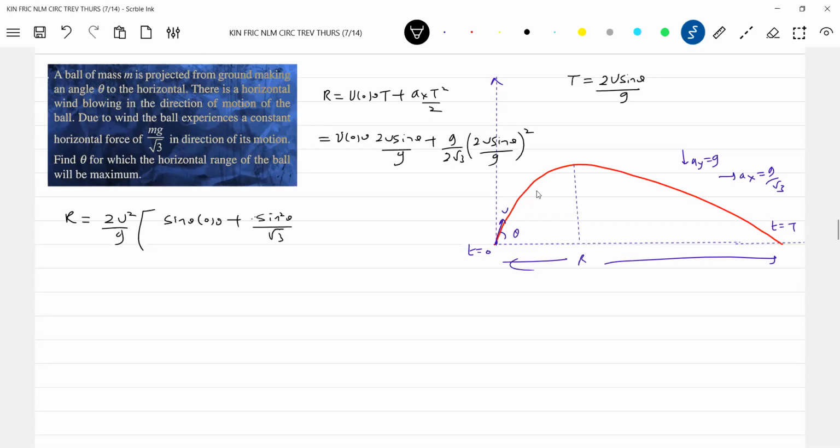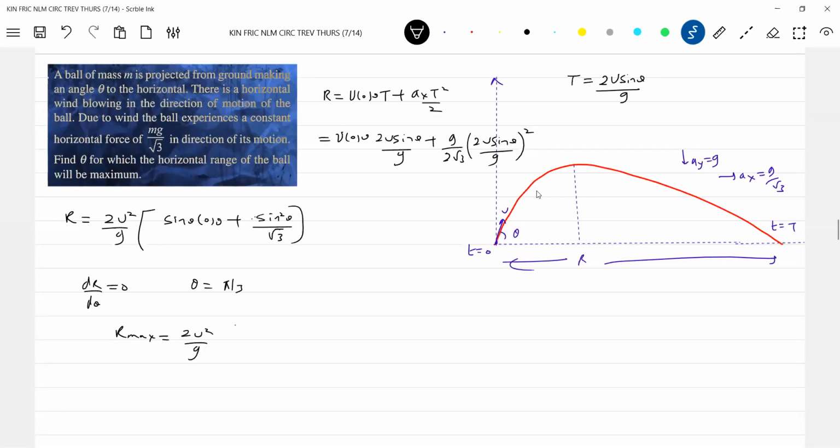Yeah, fine. So let me differentiate and equate. Let's see, will I get the same theta of 45 degrees or something else? Okay, differentiate and equate. Anybody, the value of theta? 60 degrees. Okay, pi by 3.